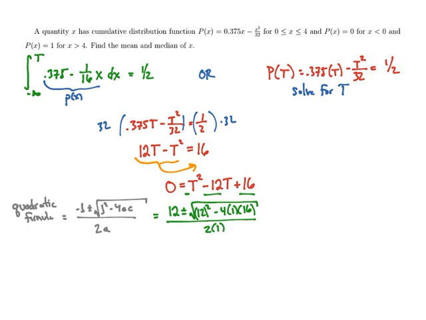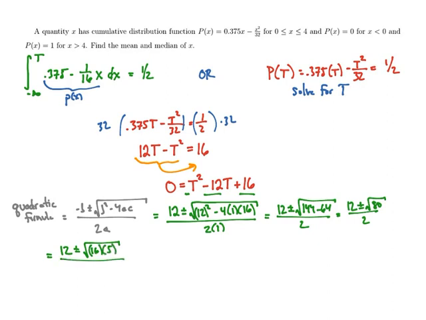And then we just need to simplify this. This will be 12 plus or minus the square root of 144 minus 64 over 2. 12 plus or minus the square root of 80 over 2. This is the same thing as 12 plus or minus the square root of 16 times 5 over 2.